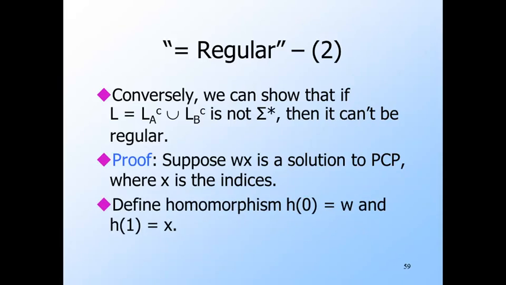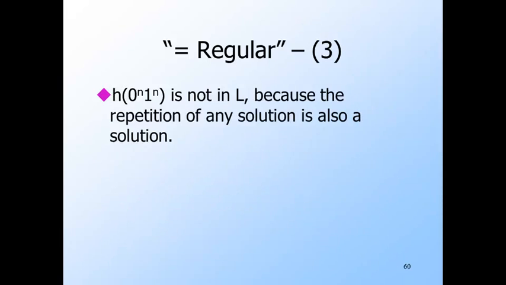Now, let H be the homomorphism defined by H of 0 is W and H of 1 is X. Remember, L is the union of the complements, the strings that are not solutions to the given instance of PCP. We claim that 0 to the n, 1 to the n, is not in L for any n, because if we repeat a solution to a PCP instance any number of times, we also get solutions to that instance.